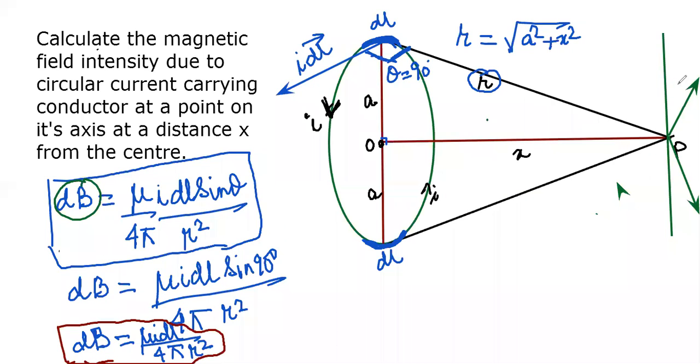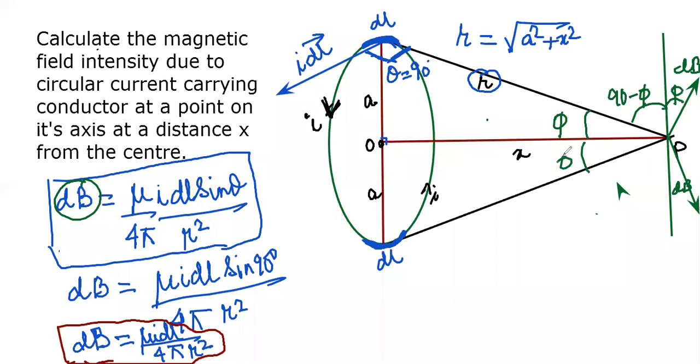So this is your dB and this is also your dB. Very, very important. And I consider this, suppose, phi. So this will be your 90 minus phi, and this is your 90 minus phi, means this will be your phi.